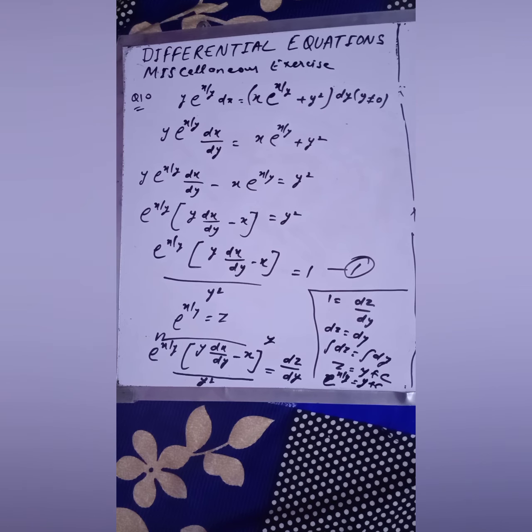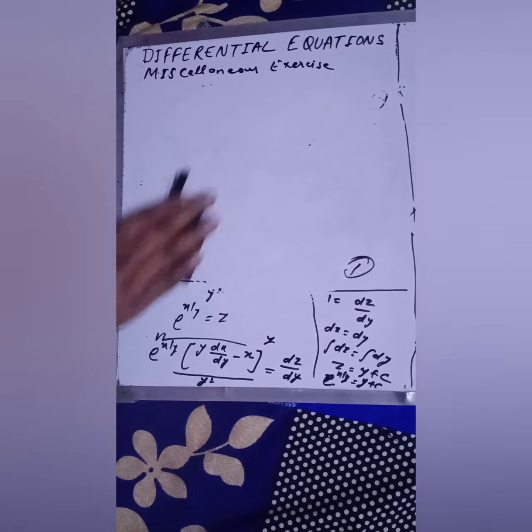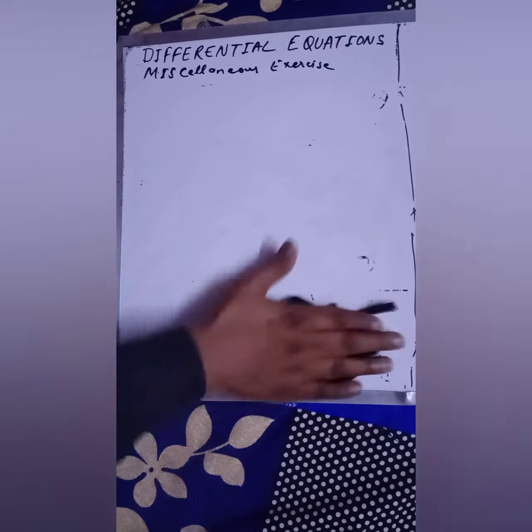Beta, next question number 12. This is also an important question, so I'm solving this. Let me erase this. The next question which I'm going to solve is question number 12 of this exercise.